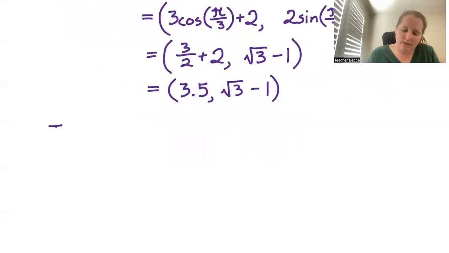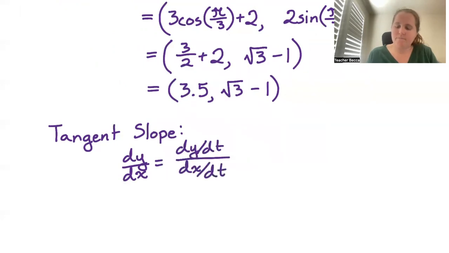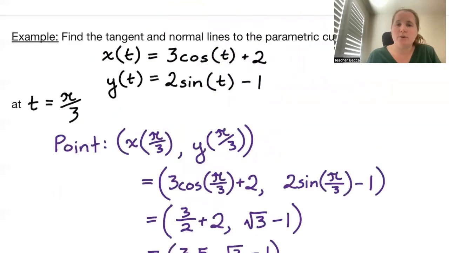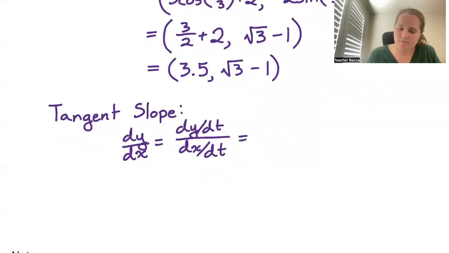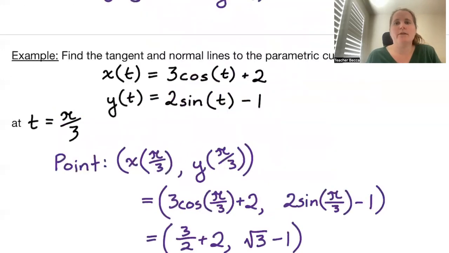Then we can find our tangent slope. So dy dx is dy dt over dx dt. So dy dt is just 2 cosine of t. dx dt, derivative of 3 cosine t plus 2, would be negative 3 sine of t.